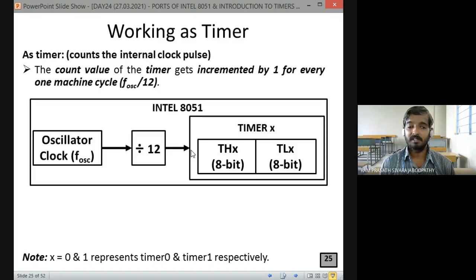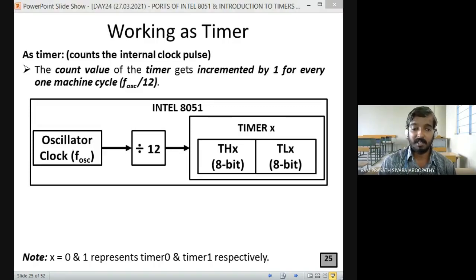T equal to 1 by f. Correct? Here the operating frequency is FOSC by 12. What about the timing now? 12 by FOSC. 12 divided by FOSC. Can you say like that? T equal to 12 by FOSC.